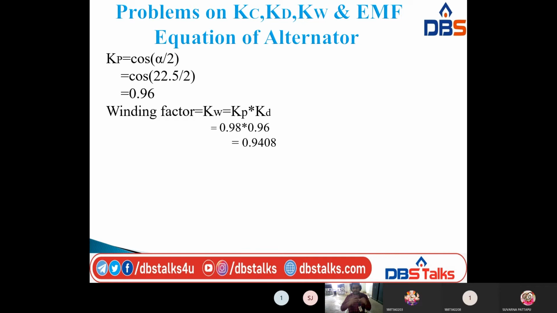And now lastly we will calculate the winding factor. The formula for the winding factor is Kp into Kd, that is coil span factor or pitch factor into distribution factor or breadth factor.